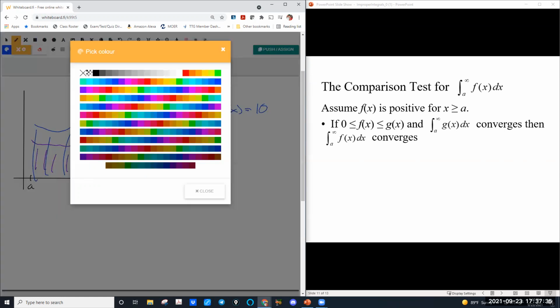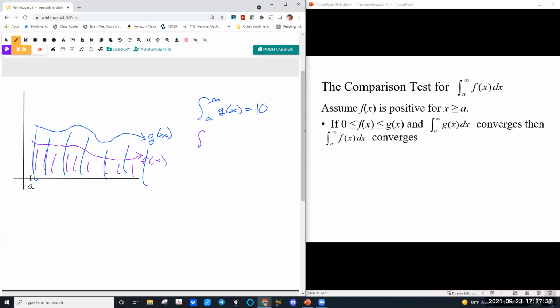Then what we know is that because f is less than g, the improper integral of f is less than or equal to 10. So the improper integral of f of x dx converges.